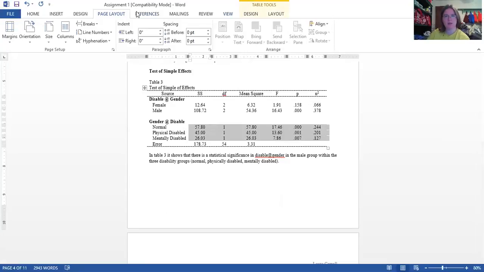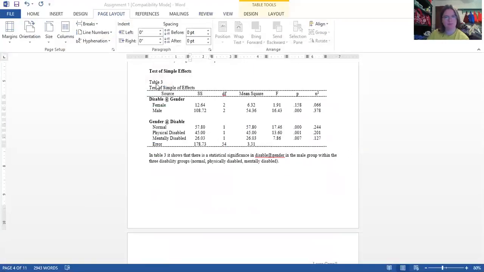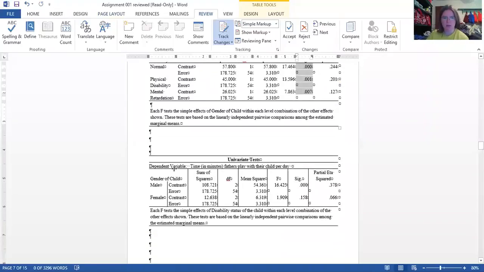So let's go back and look at your assignment. Let's share it. You have all 3 are significant and have the same numbers as I do. And what we just talked about was the male group, which you also have the same numbers as I do. So now you just have to write about it.